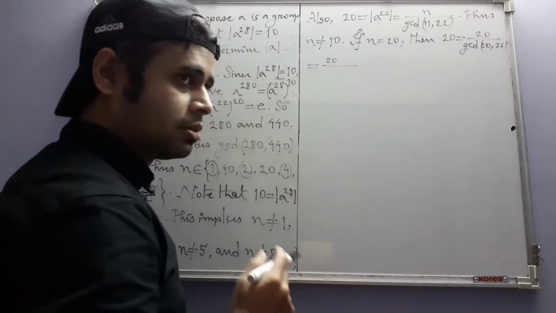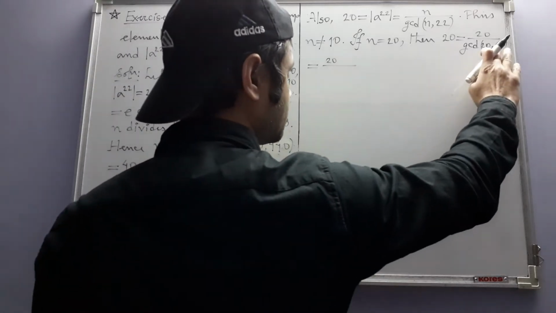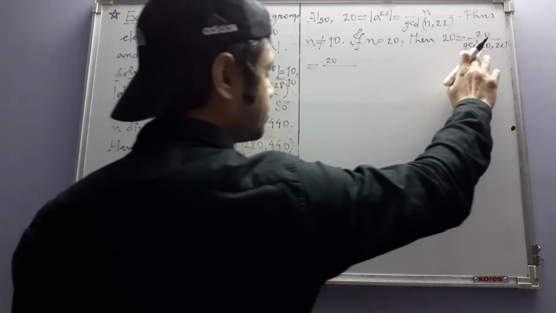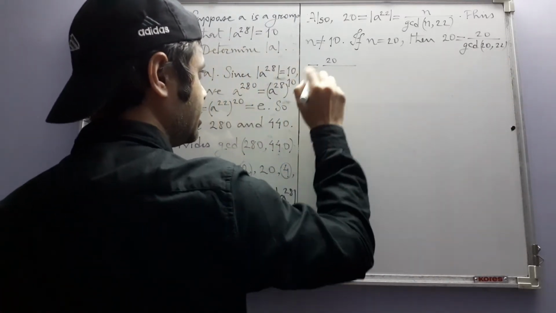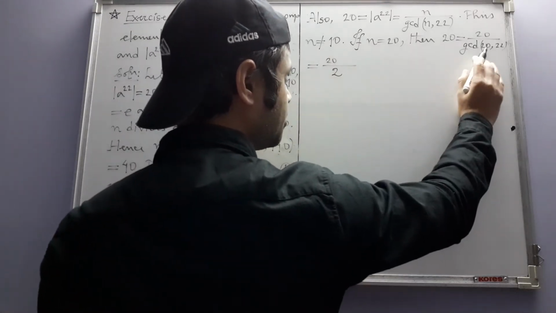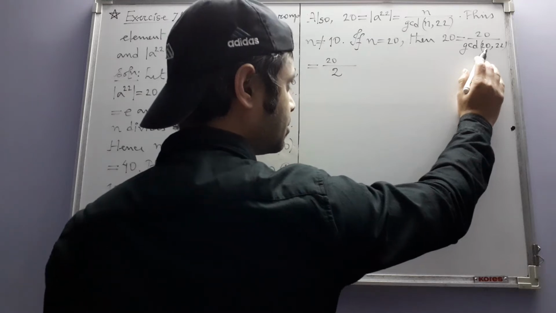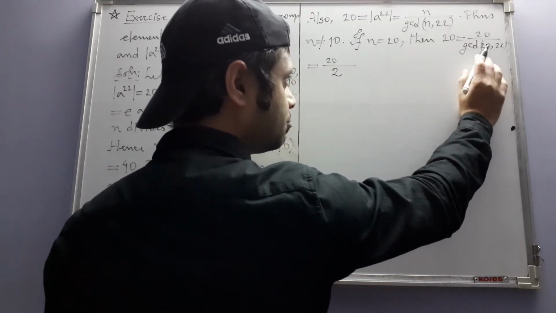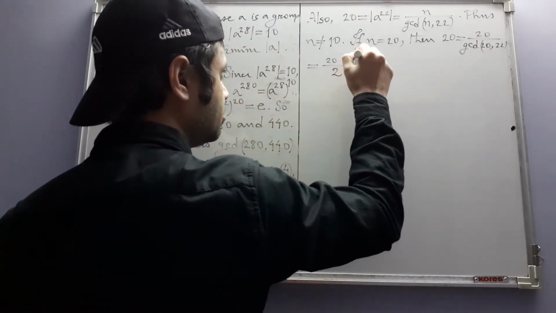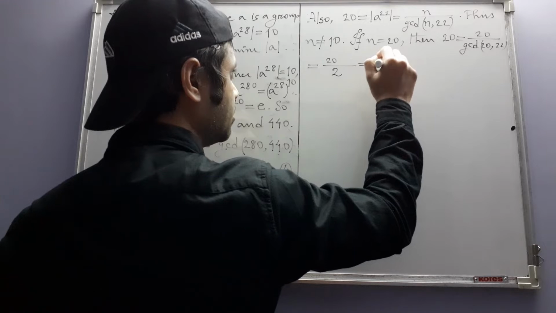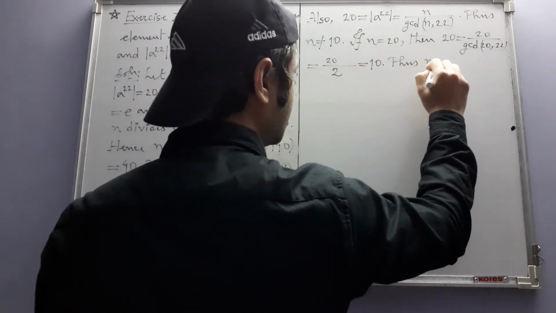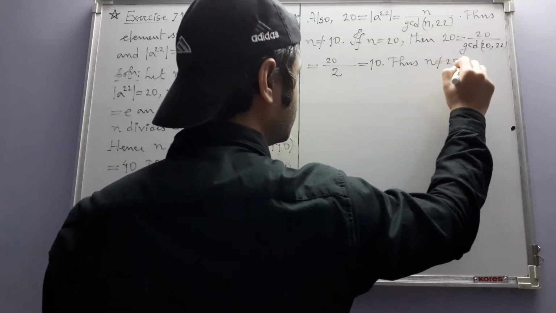This greatest common divisor is 2, because 2 is the largest. You can just simply calculate it and you will see that the GCD is 2. This one is divisible by 5 and 4. 5 does not divide this. 4 itself does not divide this, but 2 divides this. So this is 2. This is equal to 10. Thus, n is not equal to 20.